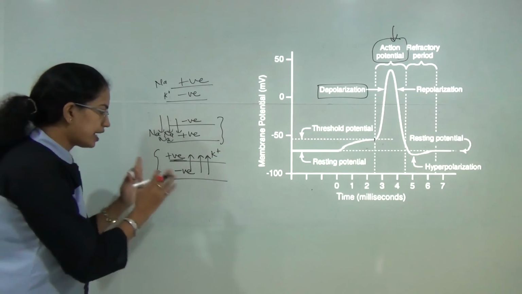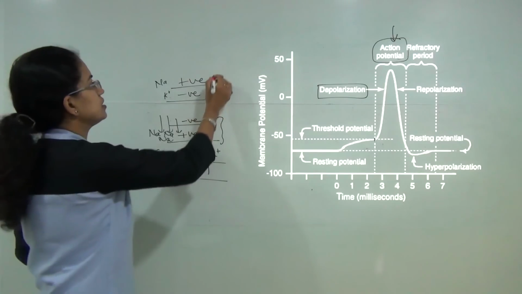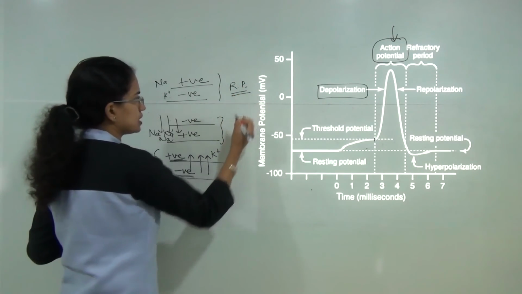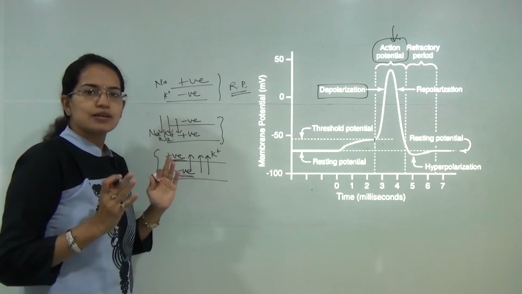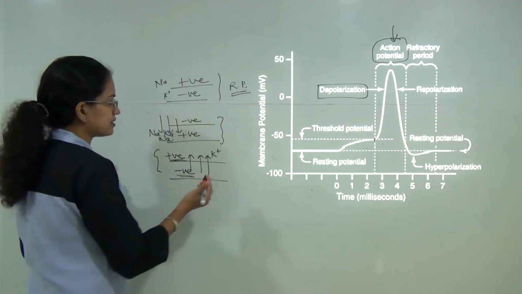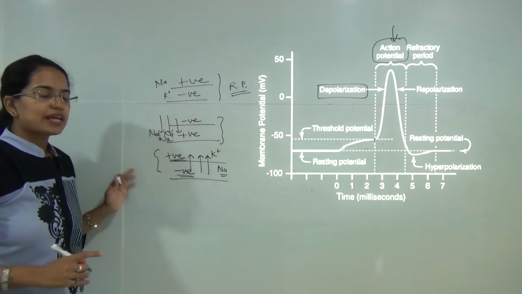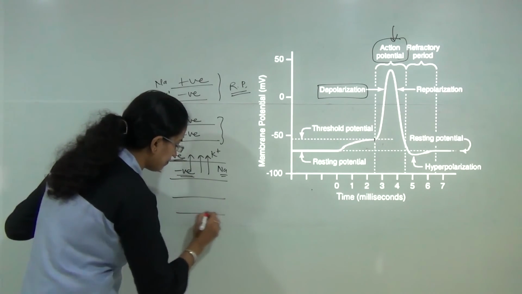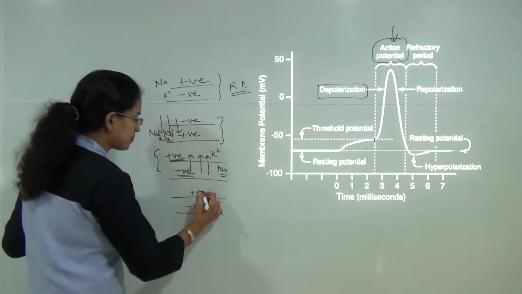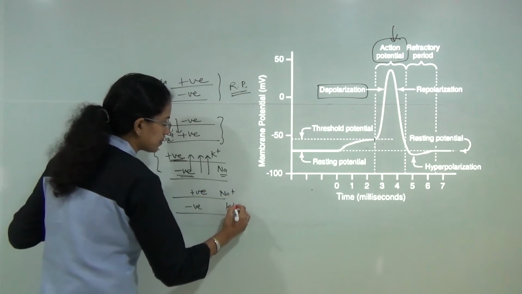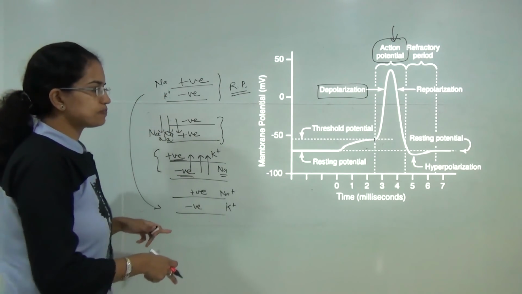When we talk in terms of positive and negative charges, it looks to be perfect because the resting potential has the same charges, but when it comes to the ions, it is imbalanced because you have potassium outside and sodium inside. As a result, it would try to again balance its structure, and finally you would have sodium outside and potassium inside. So it would try to revert back to its original position.